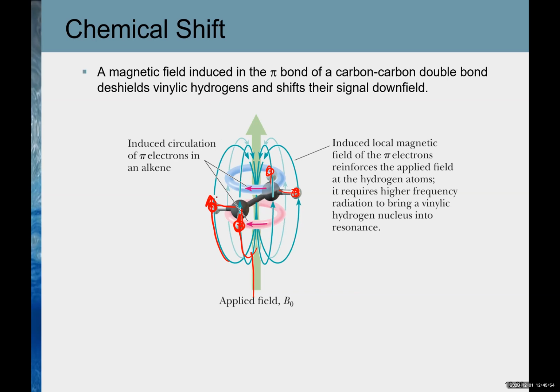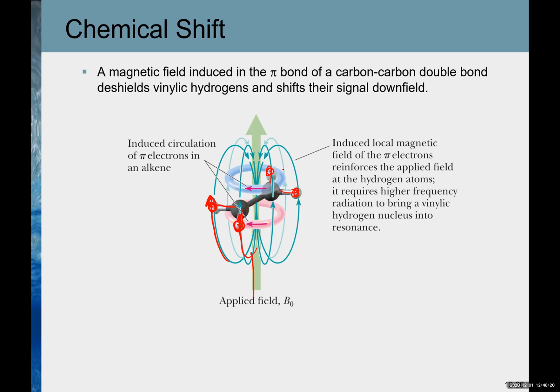Now they are de-shielding it. De-shielding means they are sending the signal even more towards the downfield region. That's why we see the chemical shift value of hydrogen nuclei bonded to a carbon with a pi bond at a high chemical shift value.